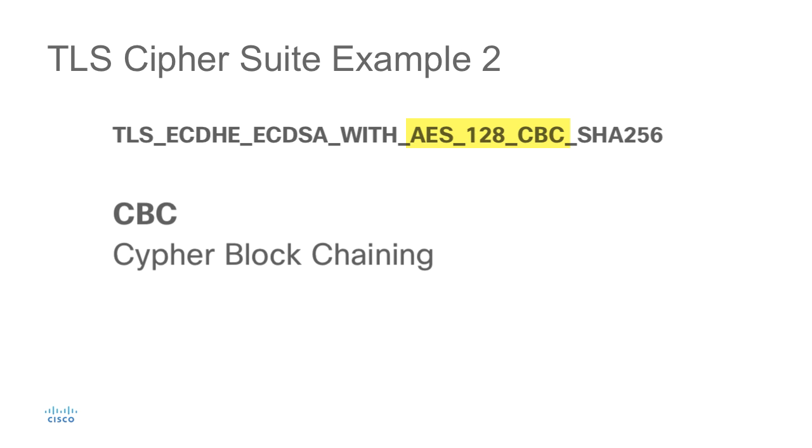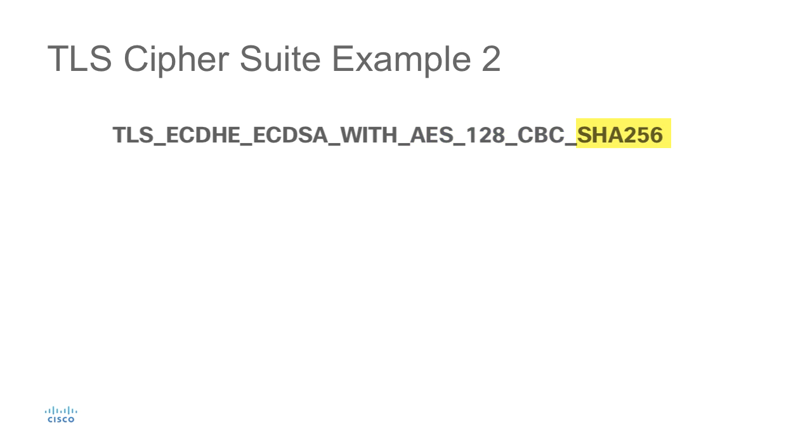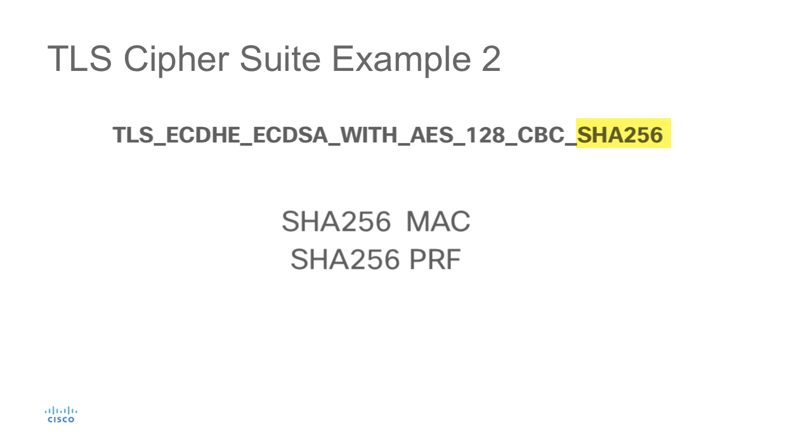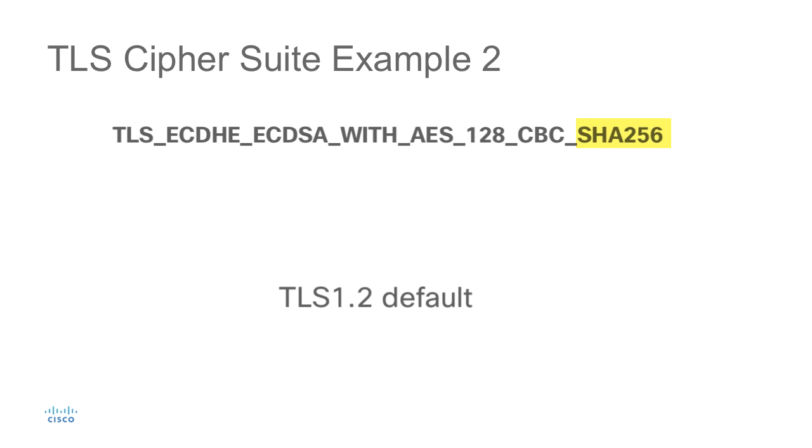So each block is related to each other. Then we have a SHA-256 MAC. That's our message authentication code, SHA-256. And we're also using SHA-256 PRF. For TLS 1.2, this is the default. Now, currently, we're on TLS version 3. But what you're going to see is a lot more of TLS 1.2 implemented, since TLS v3 is a draft standard.